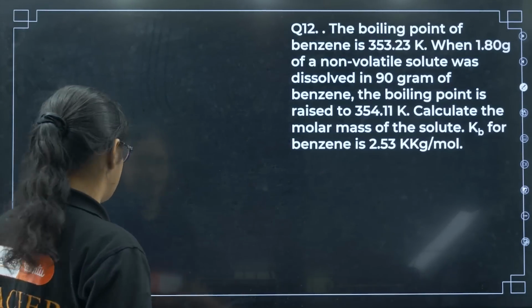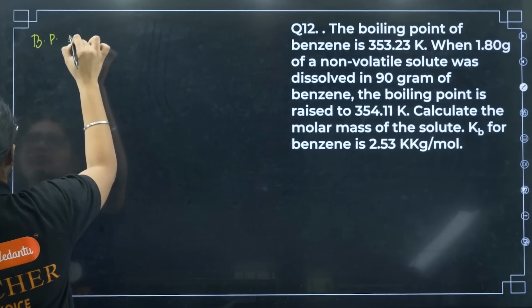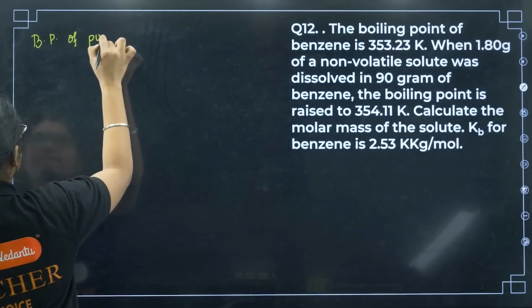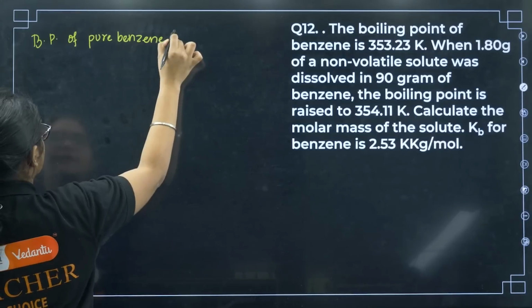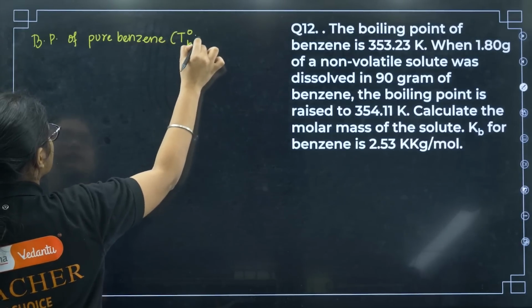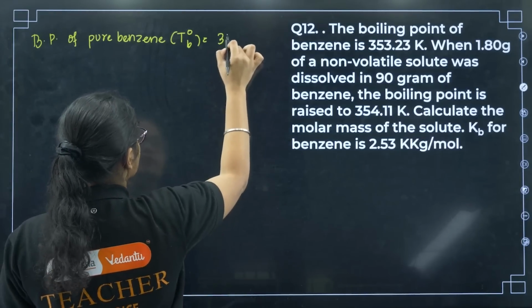So first I will write the boiling point of pure benzene, that is T naught B, that is equal to 353.23 Kelvin.